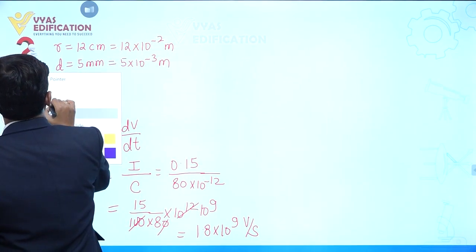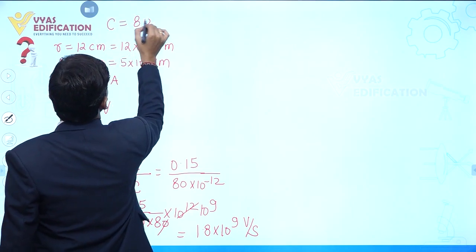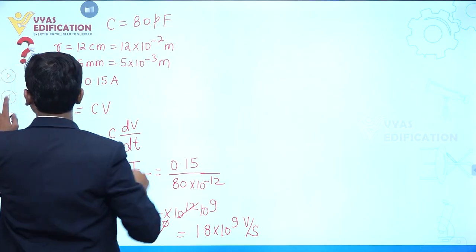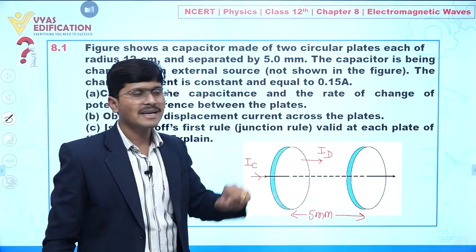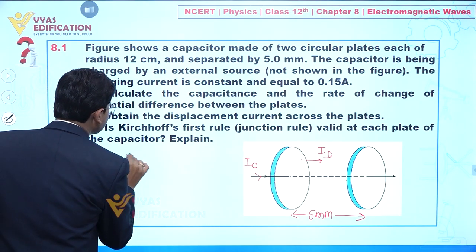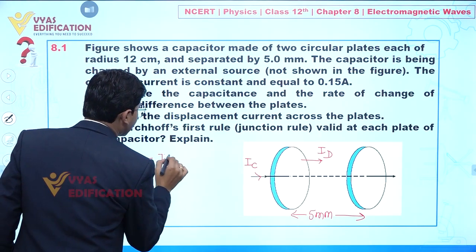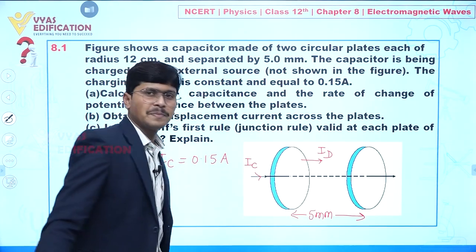So actually I am writing here the value of C, this is 80 picofarad, clear. Now part number B is given to you, obtain the displacement current across the plates, clear. So this is very easy, we can say displacement current is equal to conduction current, and this value we have equal to 0.15 ampere, clear.